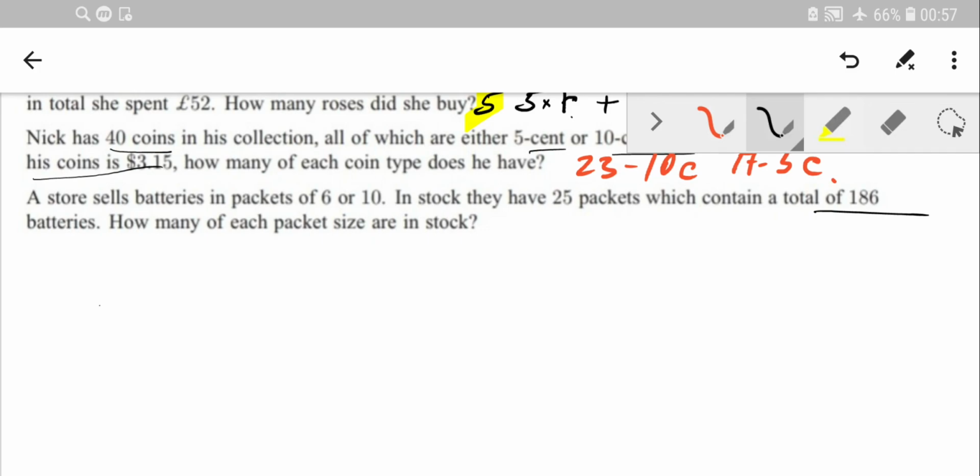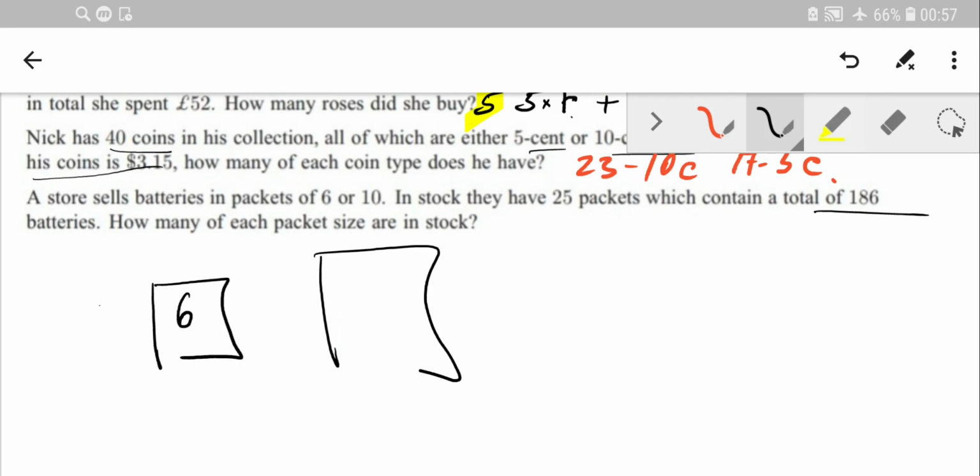Okay, so what we can do: there are two types of packets, by 6 and by 10. In total, there are 25 packets here.